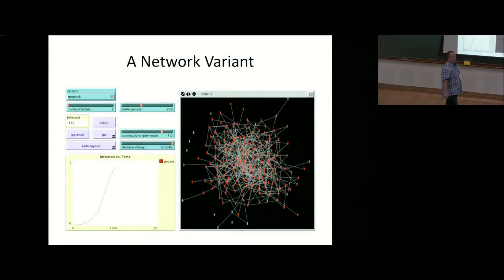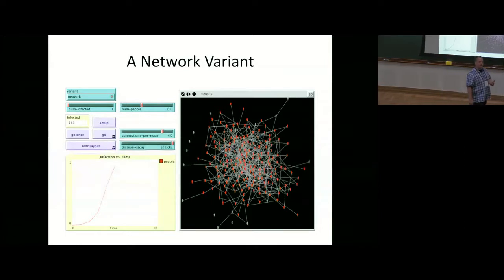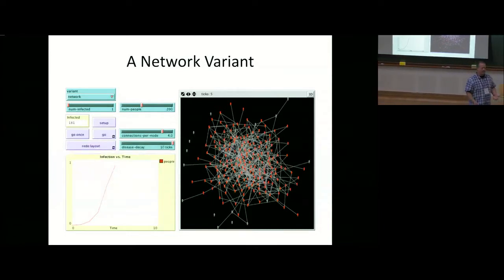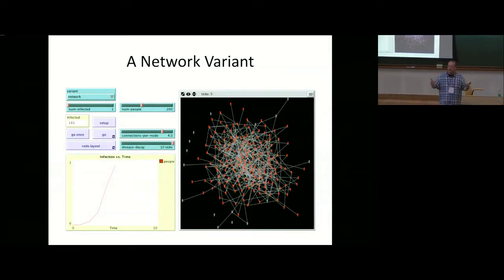And now we can start to take it to another level. We can start to think about a network variant. As we mentioned, the previous model assumes that if me and Donald Trump are in the same model, we're just as likely to run into each other as me and my wife. That's obviously not the case.